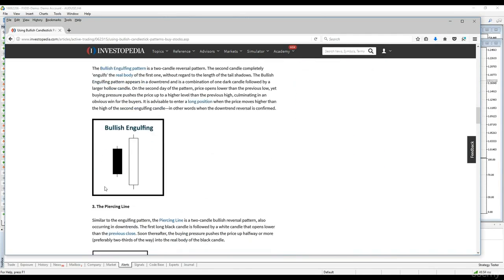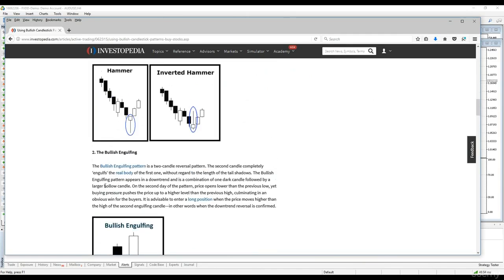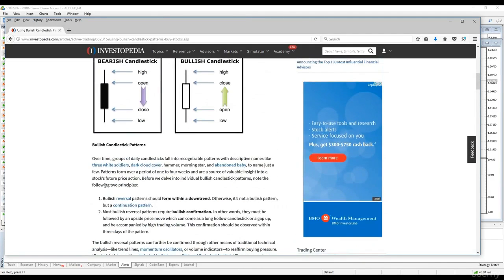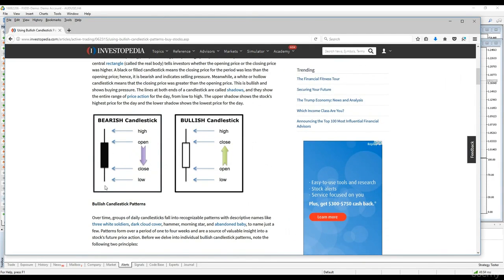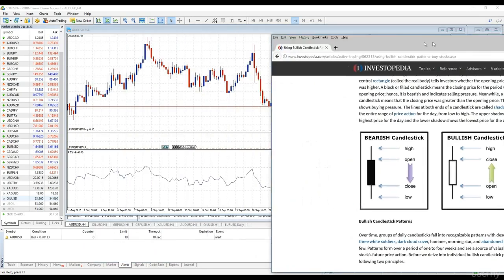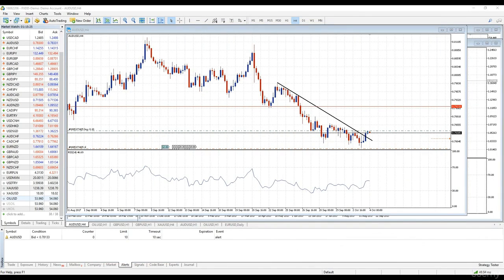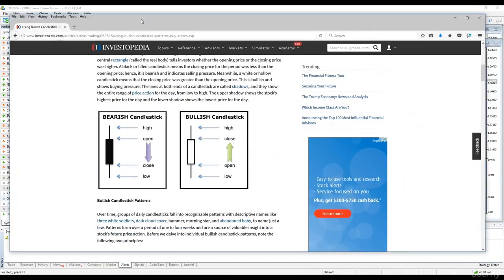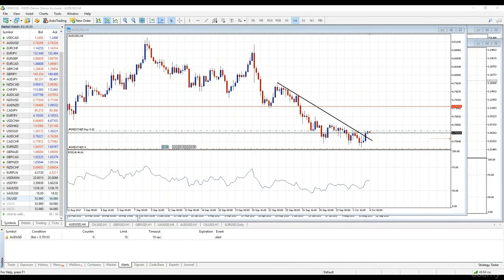It gives you the name and all that stuff, so you can go over to the site whenever you like and explore all of the different types of candlesticks and the names and get an understanding of what each of them represent, because it's good to understand them and see them in action, because then you can relate to some of the textbook stuff and see it practically and trade it accordingly.